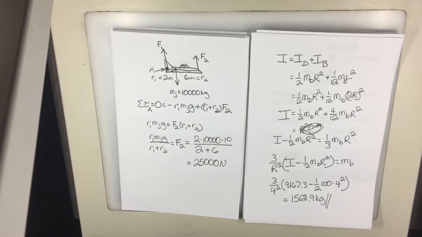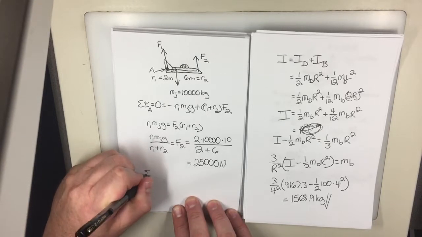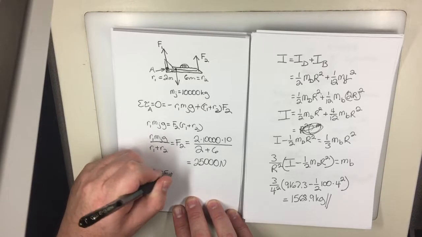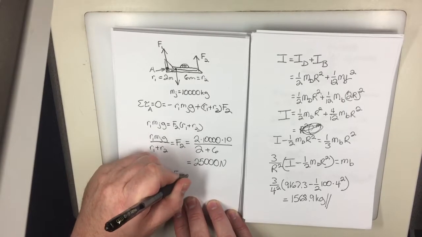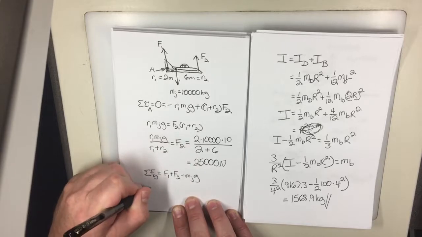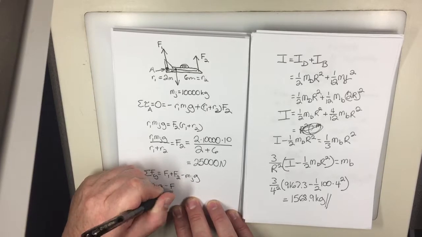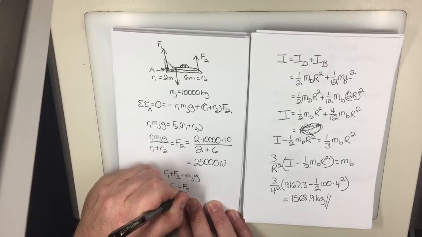25,000 newtons. Now that I have that, F2 comes into play fairly quickly. Sum the forces vertically: F1 plus F2 minus MJG. So MJG minus F1 is equal to F2.